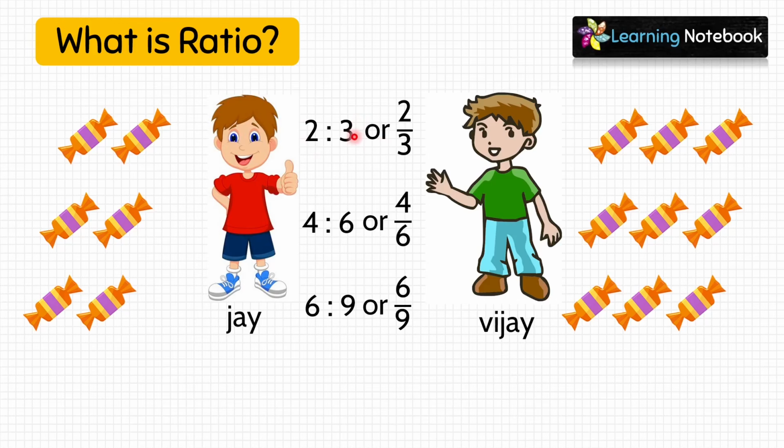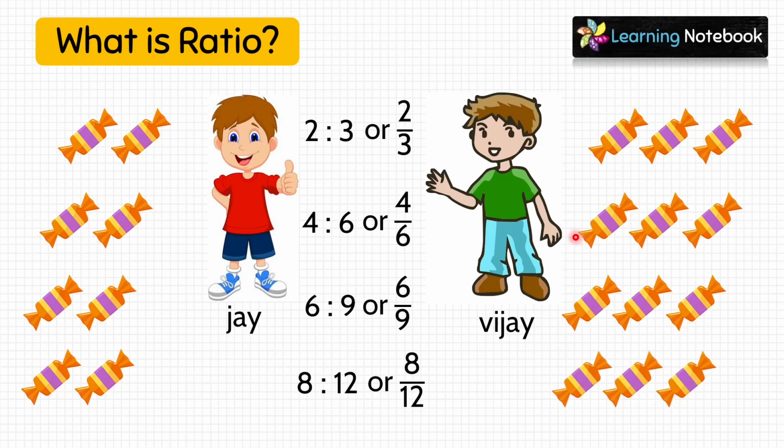2:3. Now, students, if I say on 4th day, Jay has 8 chocolates. Look at these 8 chocolates. Then Vijay will have how many chocolates? Yes, 12 chocolates.